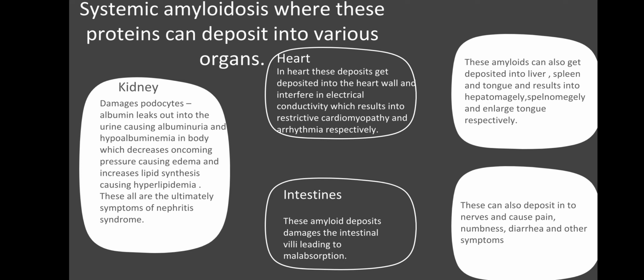Because they damage the podocytes, albumin leaks out of the body in the urine, causing albuminuria, and there will be low albumin, so hypoalbuminemia in the body, which decreases the oncotic pressure, causing edema, and increases lipid synthesis, causing hyperlipidemia. These are the symptoms of nephrotic syndrome.